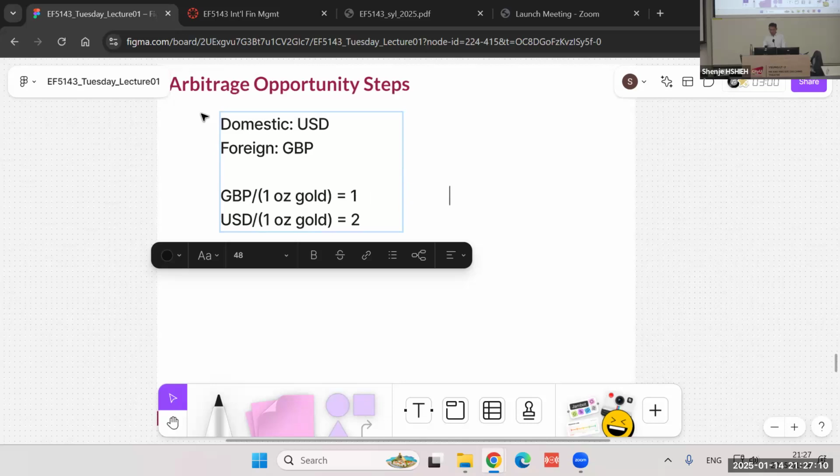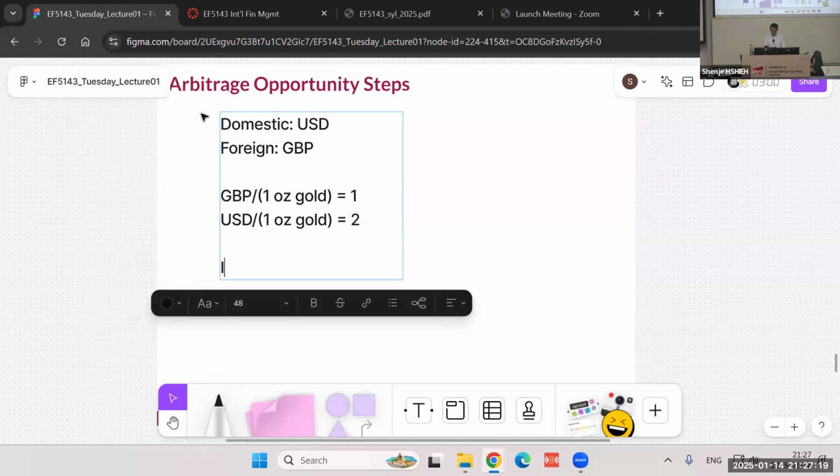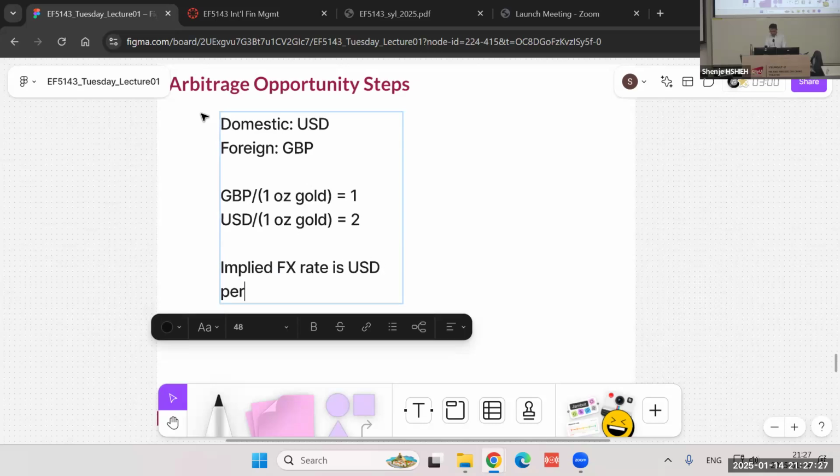So based on that, I'll just write it down here. The implied FX rate is USD per GBP equals 2.